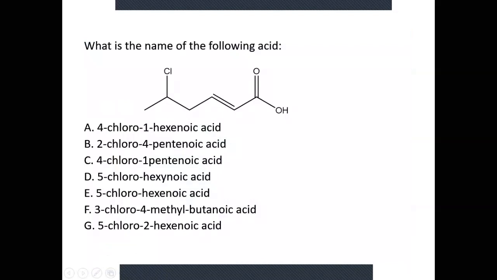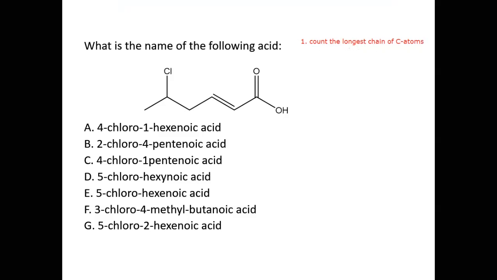So here we have this acid, and we want to name this acid. So the first thing you should do is count the number of carbons in the longest chain. So let's do that. So we got 1, 2, 3, 4, 5, 6.